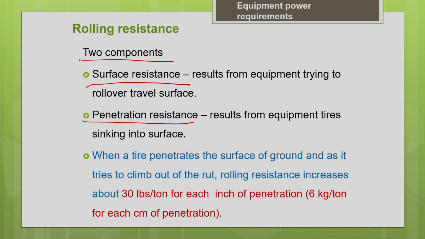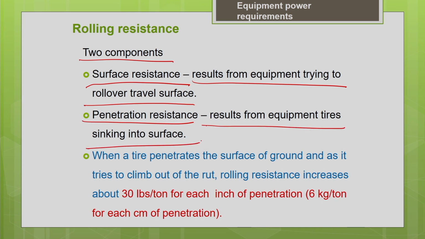Penetration resistance is the resistance encountered when the tire is sinking into the surface. This will happen for soft roads. Surface resistance results from the equipment trying to roll over the travel surface. Penetration resistance results from the equipment tires sinking into the surface. So, both these things we have to estimate and add to find the total rolling resistance.